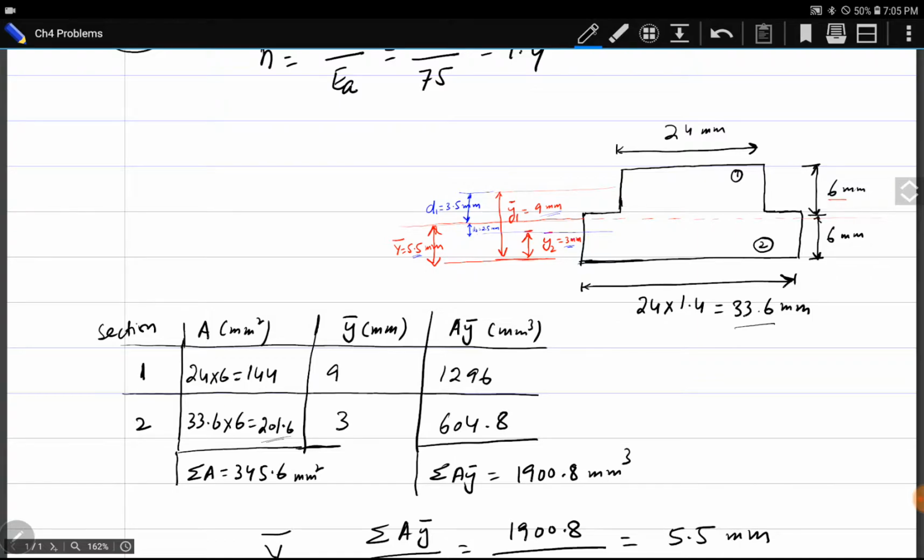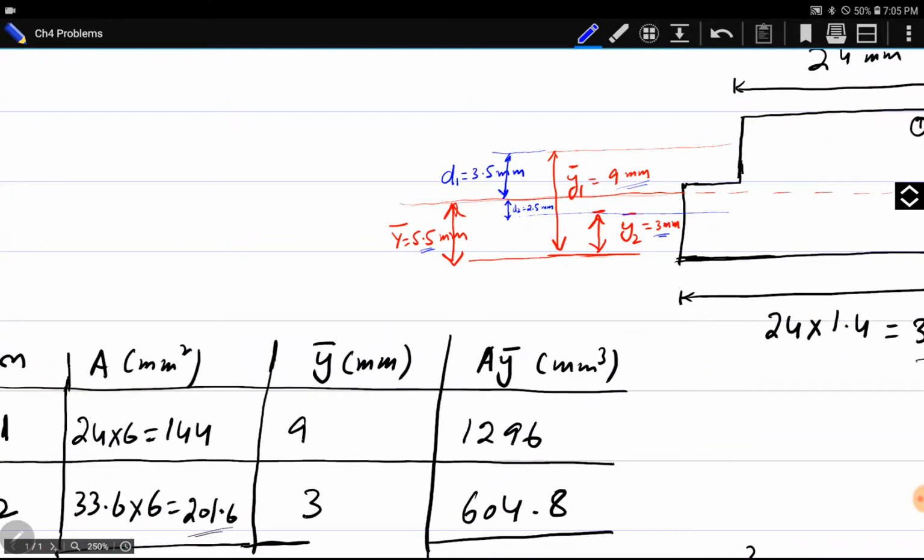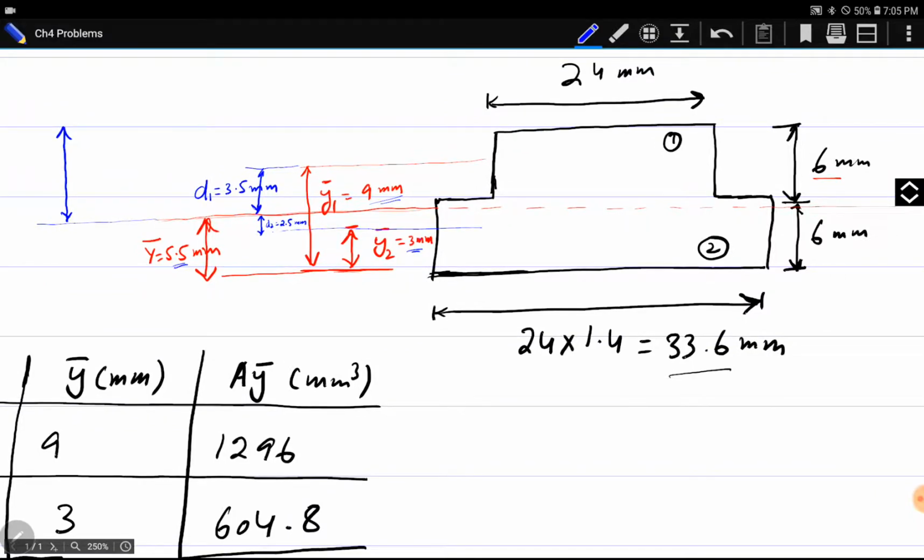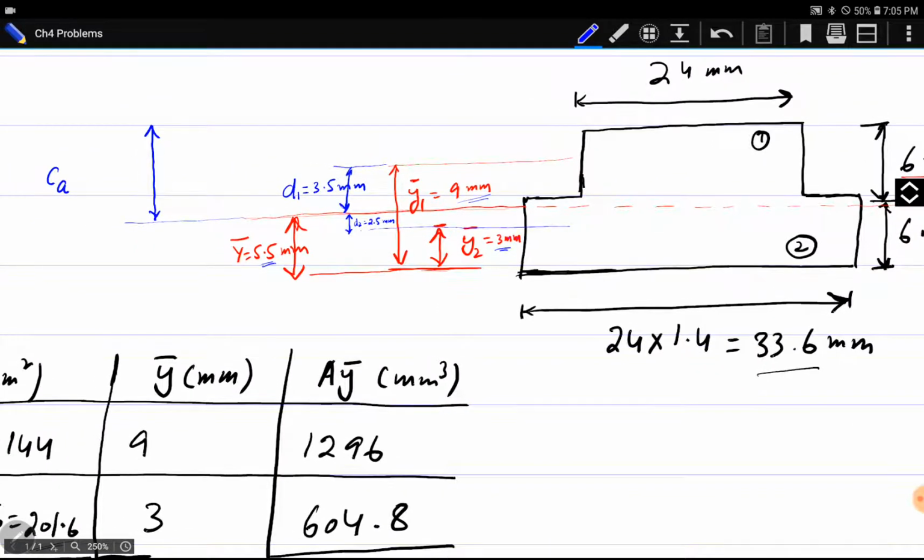From the neutral axis till the top of the aluminum, C A, total height is 12 mm, 6 plus 6. Out of 12, we have subtracted 5.5. So C1 becomes 6.5 mm or 0.0065 meters.